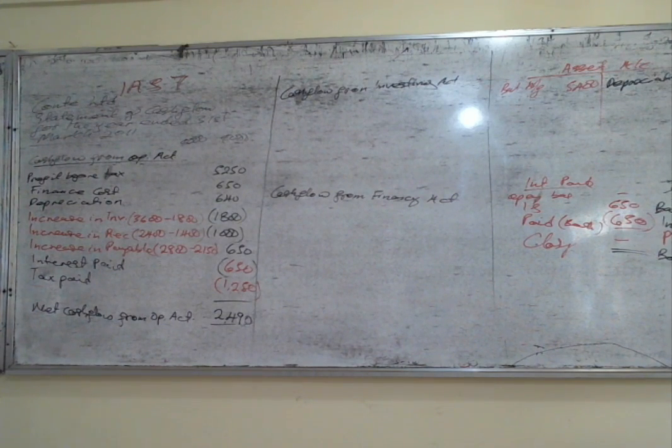Any change in the value is supposed to be treated in line with the standard. It's supposed to go to the income statement, or in line with PPE, if it is upward, it will go to other comprehensive income. So it means that the asset here is supposed to be moved down there.